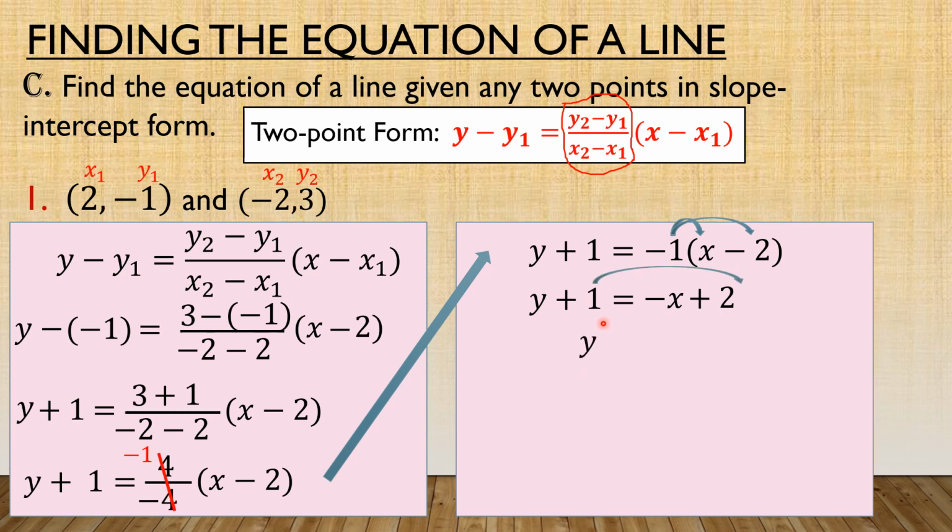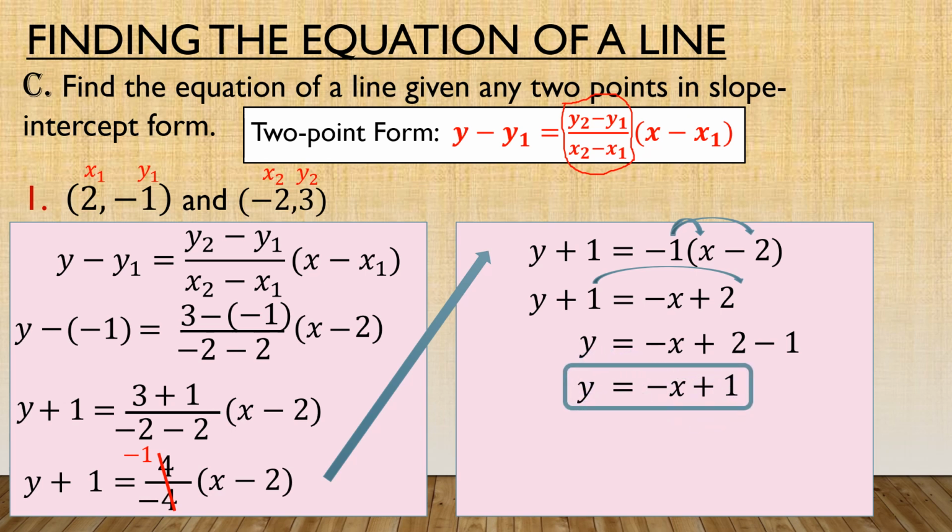So, lipat natin yung 1 sa kabilang side. So, we'll now have y equals negative x plus 2. Tapos, transpose natin yung positive 1, magiging negative 1. We can now combine. Pwede na natin pagsamahin yung 2 minus 1, and 2 minus 1 is positive 1. So, therefore, this is now our answer in slope-intercept form. Okay?